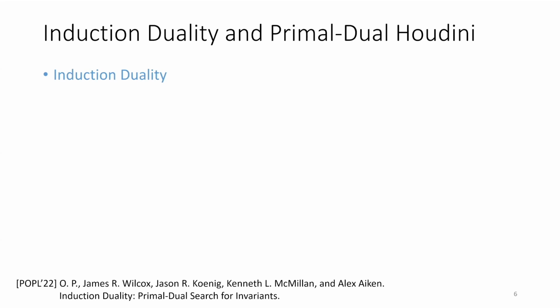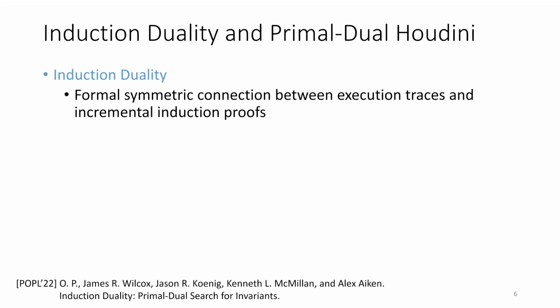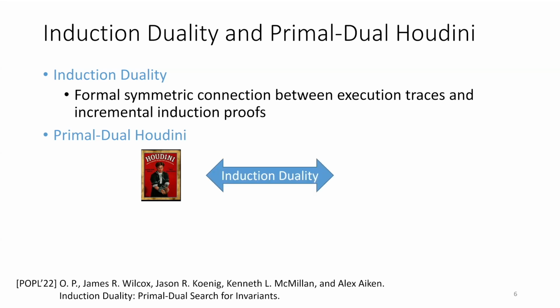All right, so let me tell you a little bit about what this induction duality is. It's a formal and surprisingly symmetric connection between execution traces and a certain form of incremental induction proofs. It led to a new Primal-Dual algorithm that we call Primal-Dual Houdini, which we get by taking the classic Houdini algorithm, a fixed point computation in a predicate abstraction or Cartesian abstraction, and reflecting it across this duality, giving what we call dual Houdini.